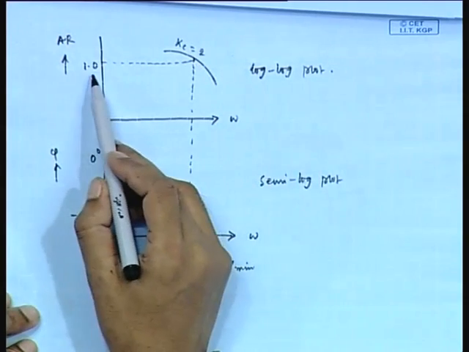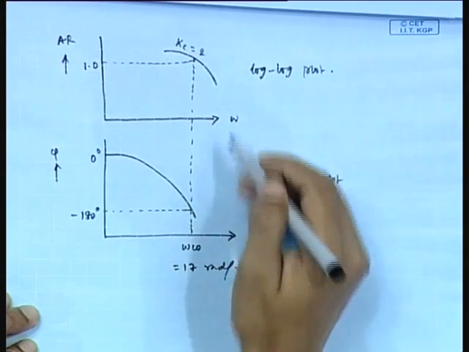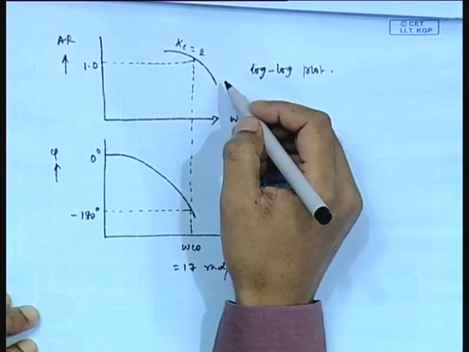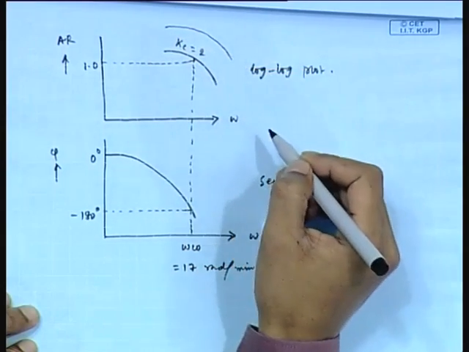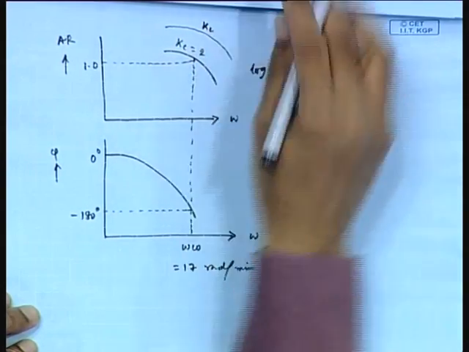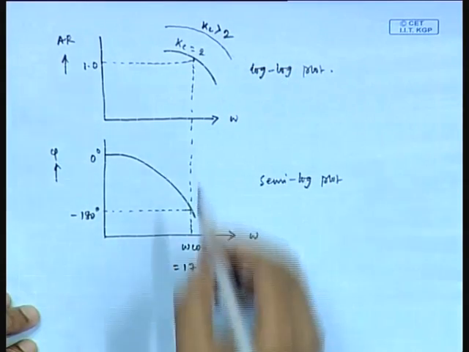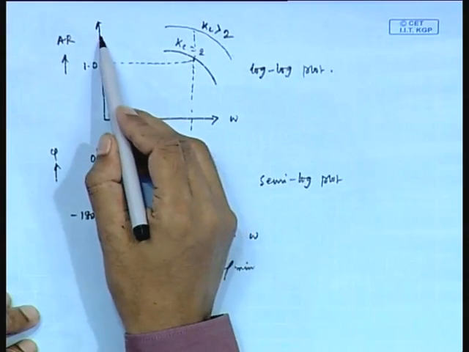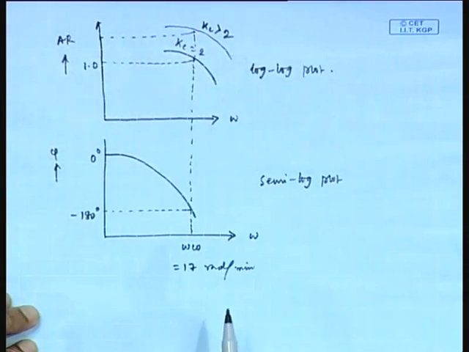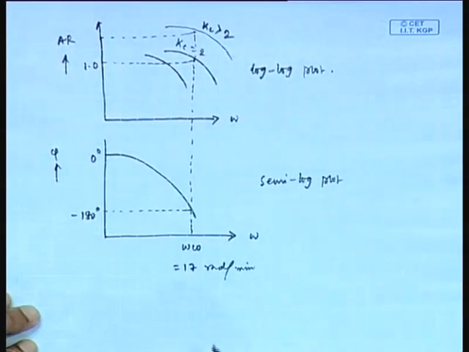When Kc is greater than 2, how much will be amplitude ratio? Greater than 1, it is clearly indicating that. When Kc is less than 2, how much is amplitude ratio? Less than 1.